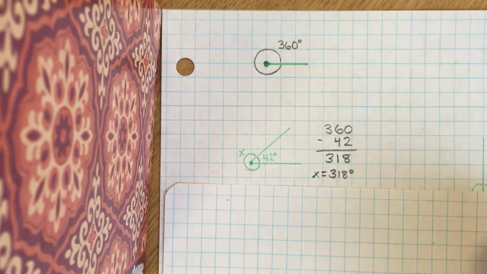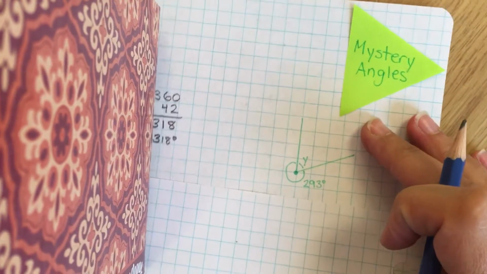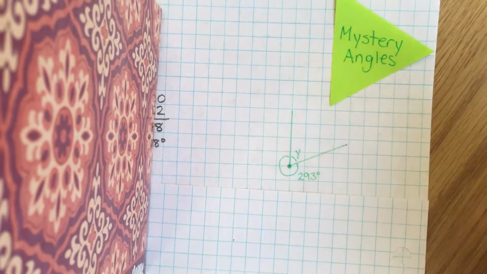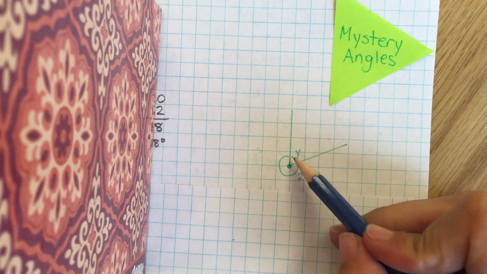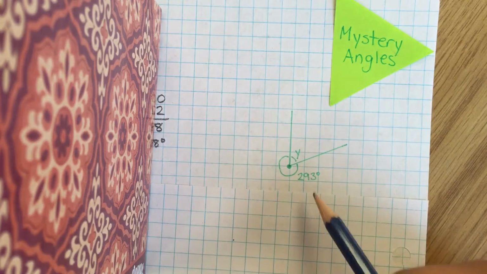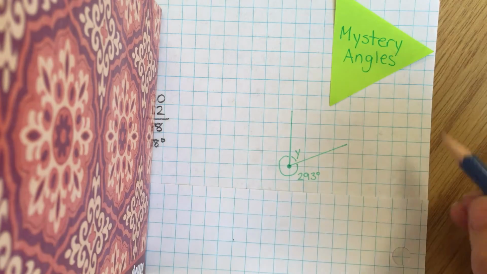Let's look at another one. In this problem, we see that we still have a full turn, which we know is worth 360 degrees. We're missing the smaller part of it in this case, but we know that the outside or reflex part of this angle is worth 293 degrees.